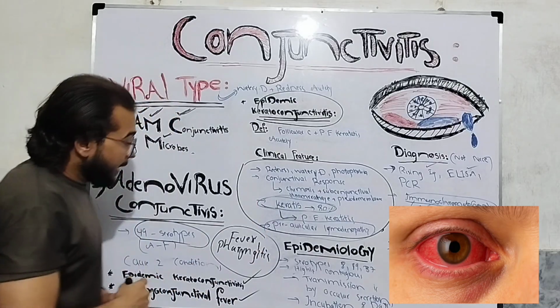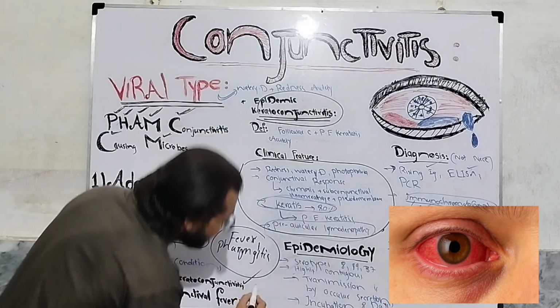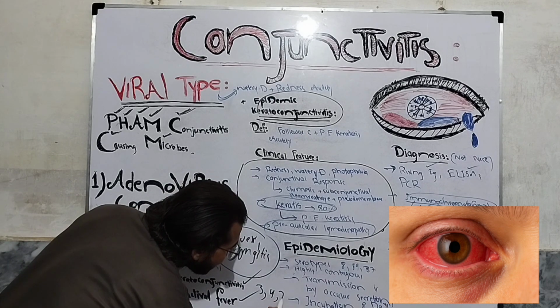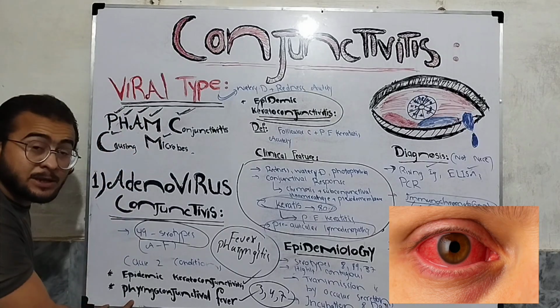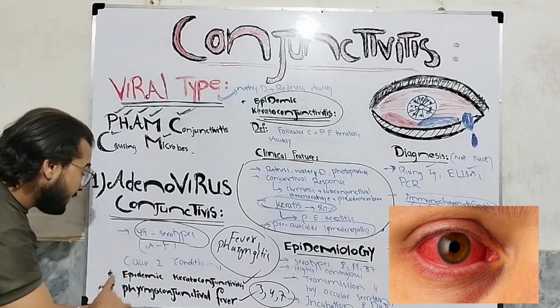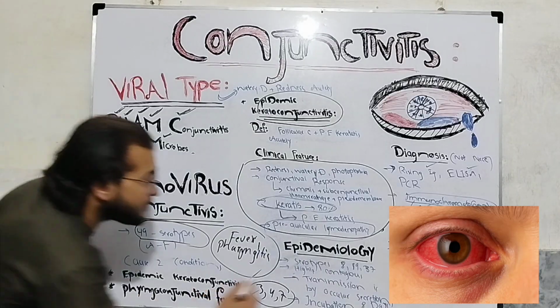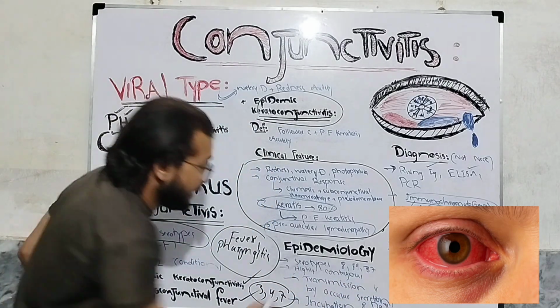Pharyngoconjunctival fever is caused by serotypes 3, 4, 7. In epidemic keratoconjunctivitis, the serotypes involved are 8, 19, and 37.